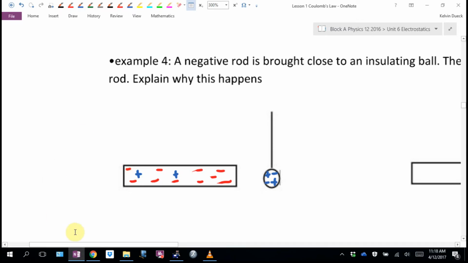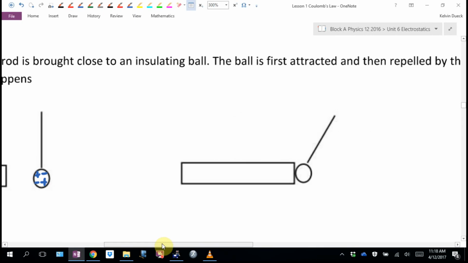As we get close, this negative rod here is going to move all of the positives to that side and all of the negatives to that side, because like, unlike. So the unlike positives are attracted. Now, this ball is not a conductor, it's an insulator. We have polarized the ball. We have moved some charges around. But now some of these negatives are going to jump across and get onto the positives.